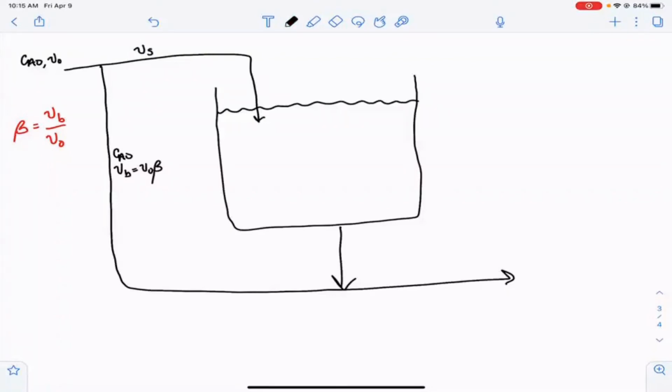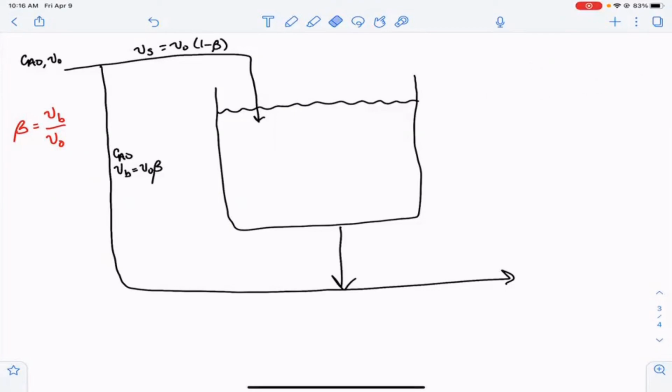By extension, we know that V0 is equal to VB plus VS. That means that VS is equal to V0 minus VB, which is just V0 times 1 minus beta. That makes sense, right? This is just the fraction of the flow that did not go through the bypass.